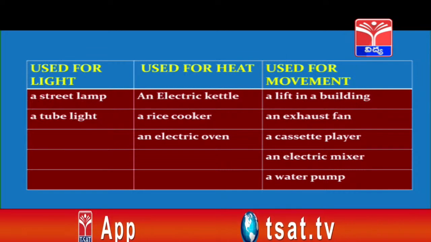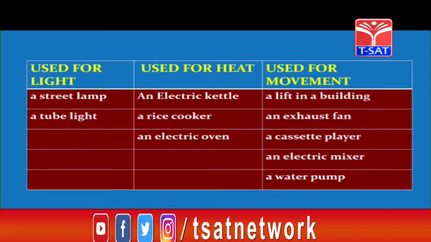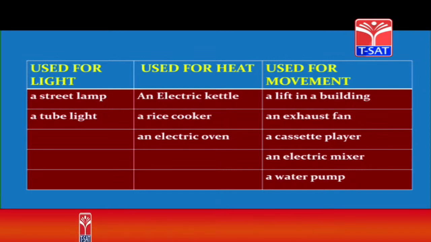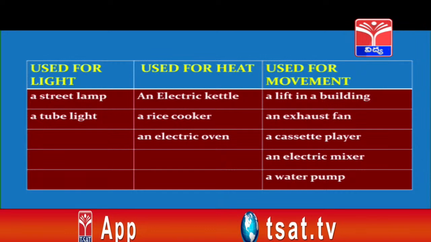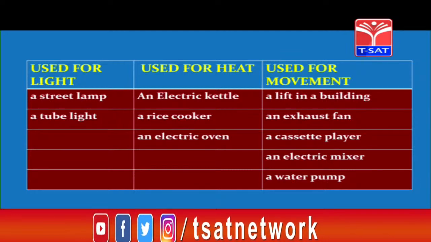Used for heat are the electric kettle, a rice cooker, and an electric oven. Next, the electrical appliances used for movement are a lift in a building, an exhaust fan, a cassette player, an electric mixer, and a water pump. Now children, I think you have all done this correctly.